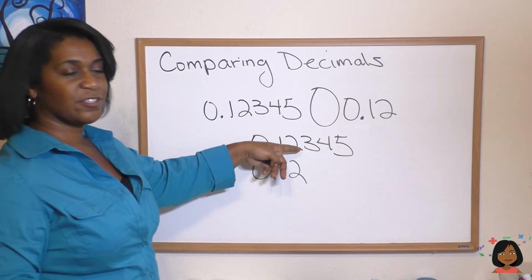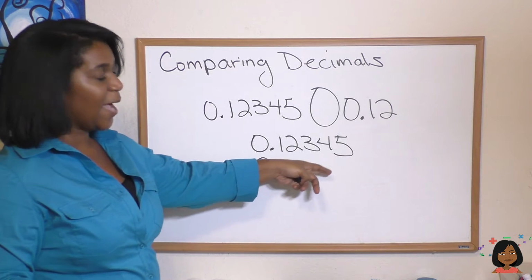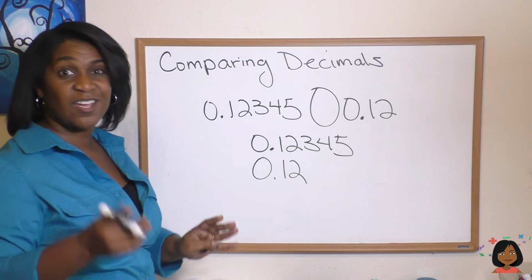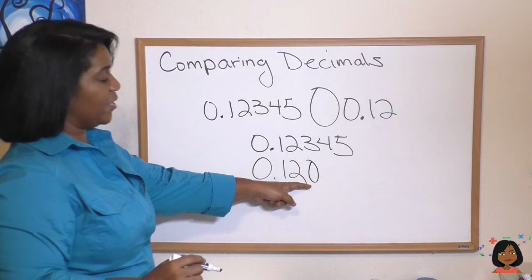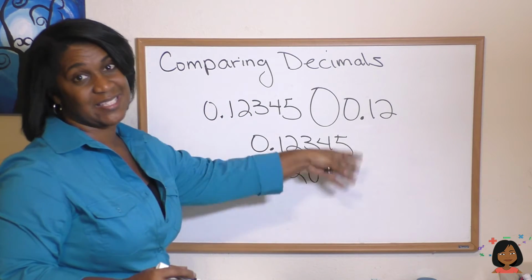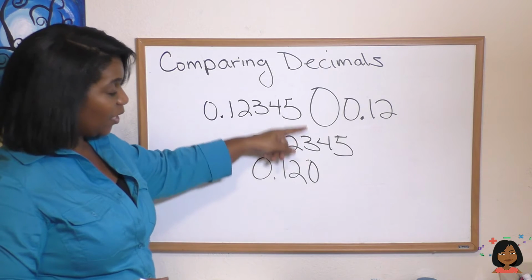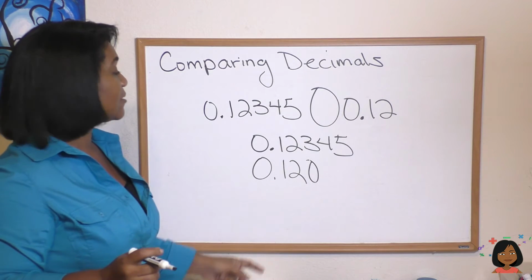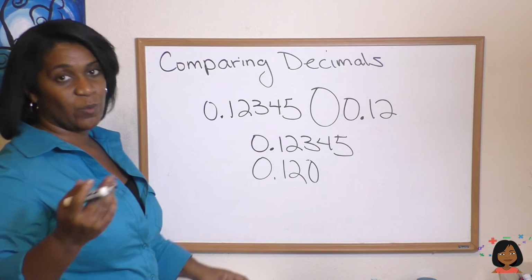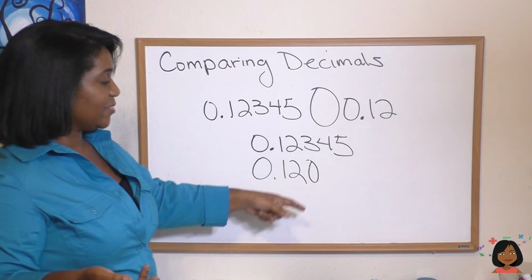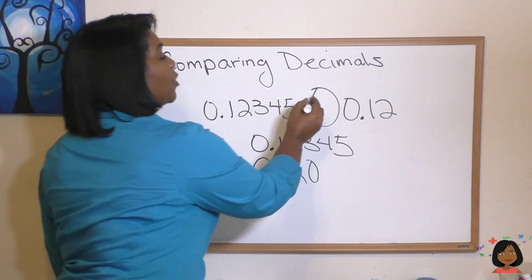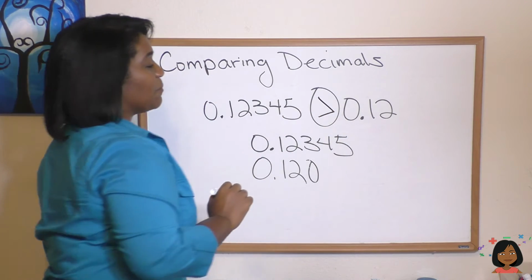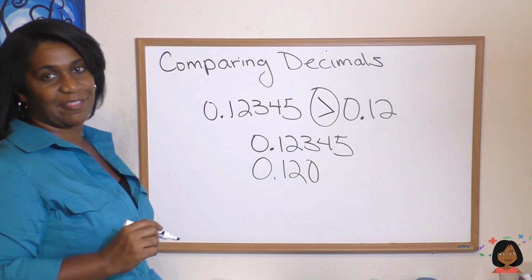When we get here to the 3, well, what do we know is happening down here even though we don't see anything? We know that it's a 0. So we can put a 0 here, and actually we can put as many zeros as we want. We're going to compare what's in the thousandths place. 0 and a 3, which one's smaller? The 0 is. So we know that this number is smaller than this number. So our correct comparison symbol is greater than.